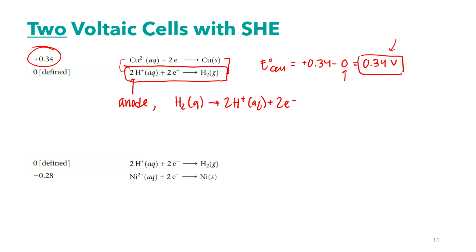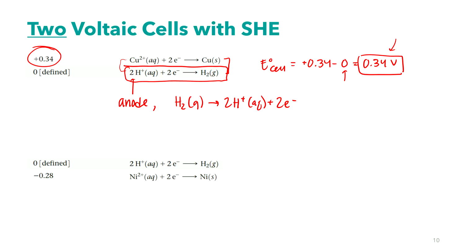And if we step back and think about this more conceptually, I have partnered the standard hydrogen electrode with another cell where the copper 2+, the other thing in that cell, wants the electrons more. So it spontaneously takes them.